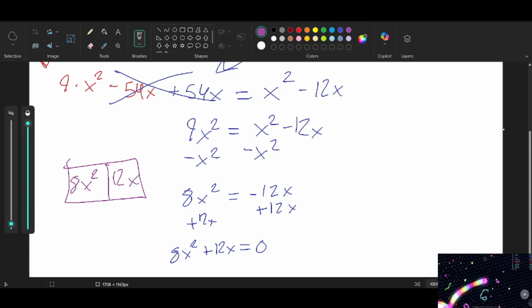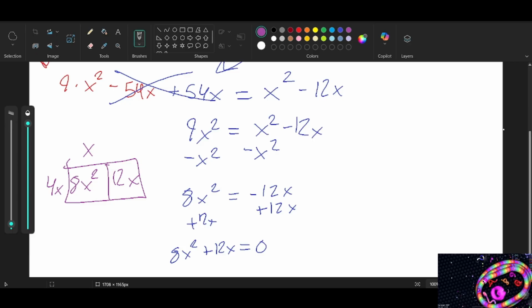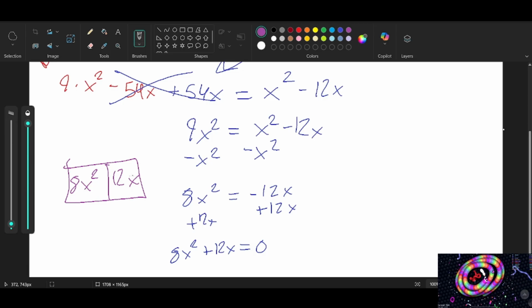I know it might be a little tricky when it comes to these types of boxes. We haven't worked with them too much lately, but it's still just seeing what can multiply, right? Like technically I could have a 4x and an x multiply. Well, that was a bad example because that's exactly what I wanted. But I'm looking at 8x squared and 12x.